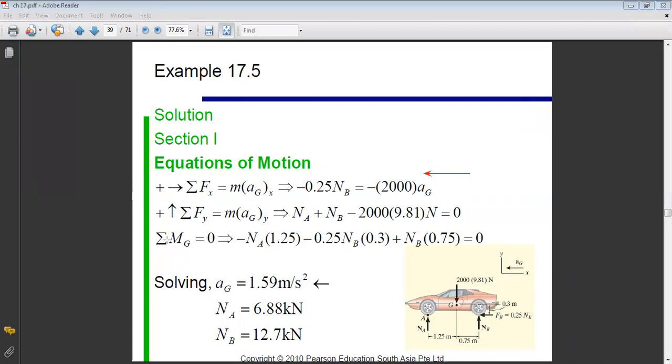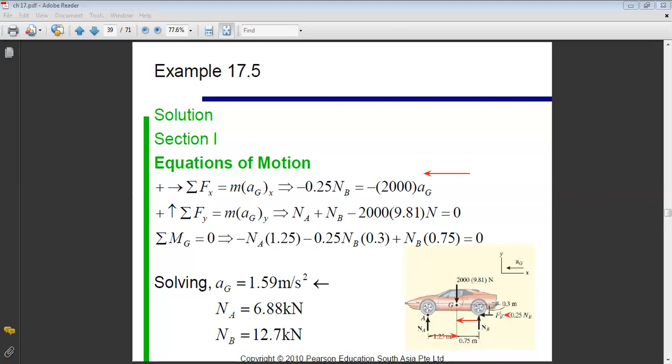Now, for sum of moments, I can take the point I want. If I take sum of moments about G and choose counterclockwise as positive, NA is rotating in the clockwise direction, so it's a negative moment: minus NA times 1.25 meters. NB is rotating in the positive direction, so it's plus NB times 0.75 meters.